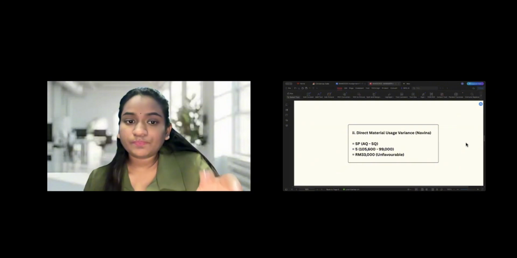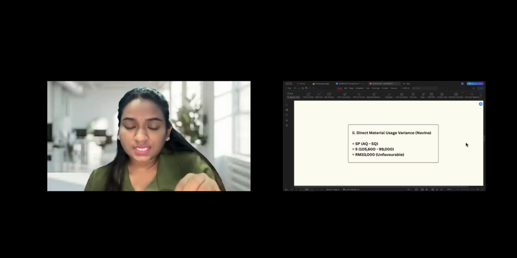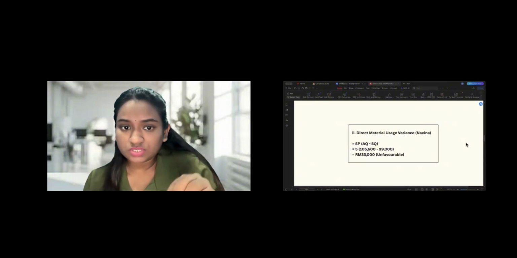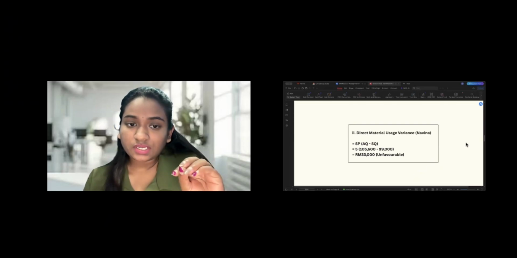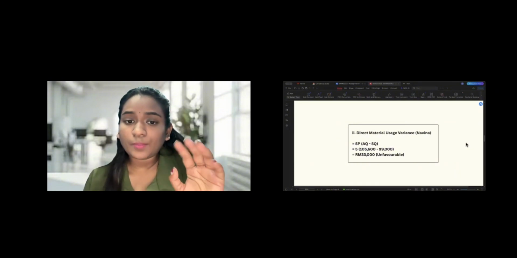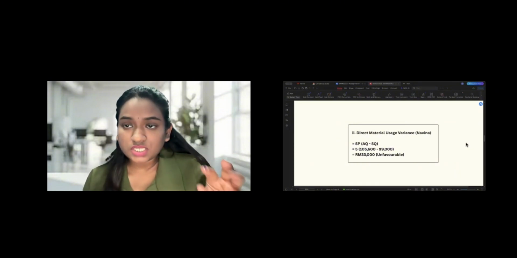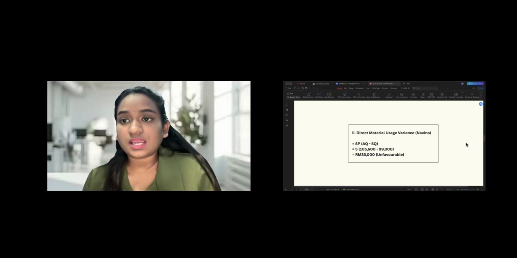SP is 5 ringgit, in bracket actual quantity, which is 105,600, minus SQ, which is 99,000. So 5 ringgit in bracket 105,600 minus 99,000. The total amount for the direct material usage variance is RM 33,000, and this is unfavorable.